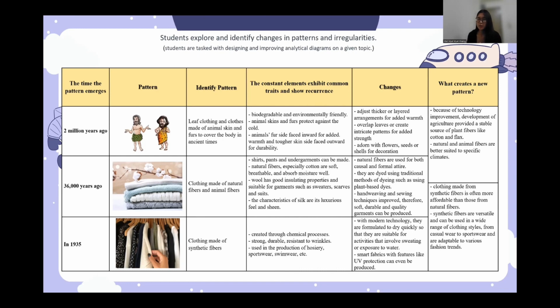And from pattern two to pattern three, clothing made of synthetic fibers is often cheaper than that from natural fibers.